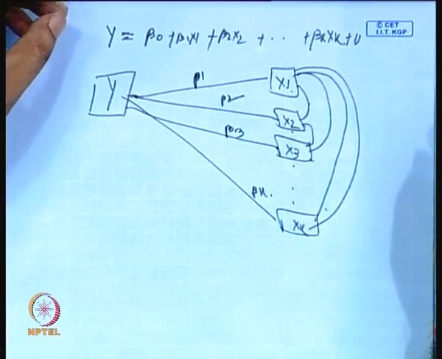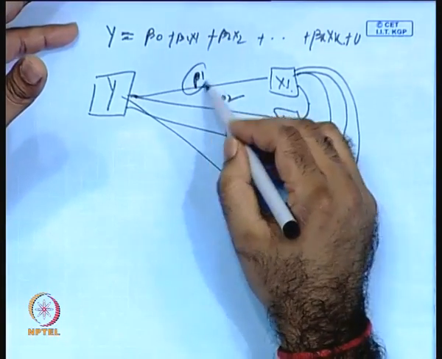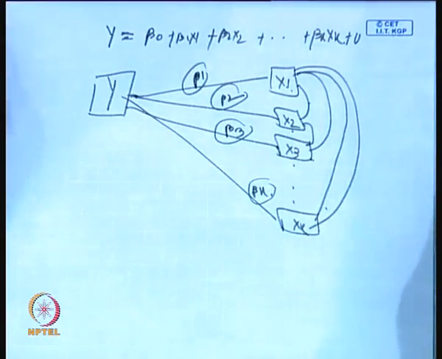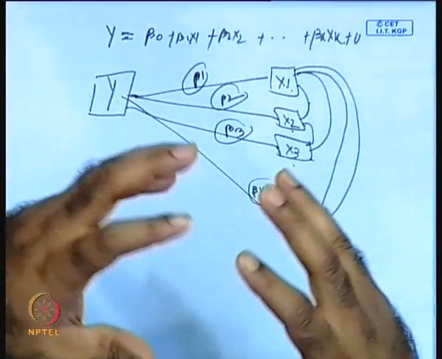Our objective is to know the estimated values of beta 0 head, beta 1 head, beta 2 head up to beta k head. So now how do we proceed? As usual, the way we have discussed in the case of the bivariate and trivariate setups, the same setup can also be applied here to get this estimated model.